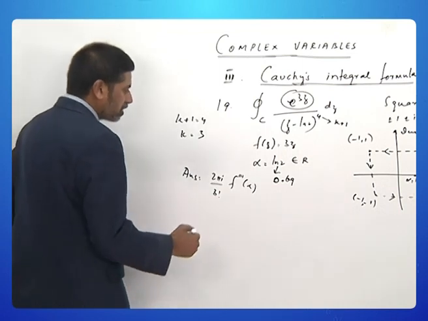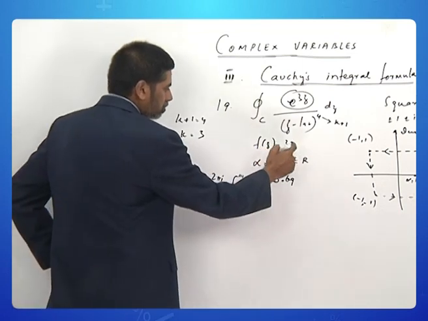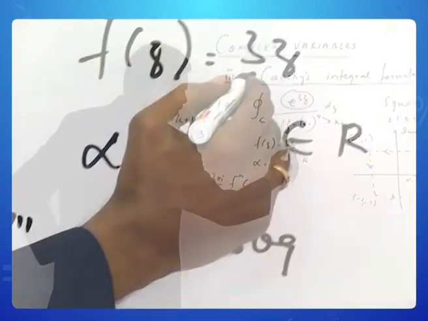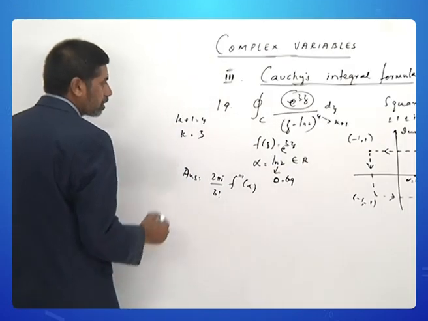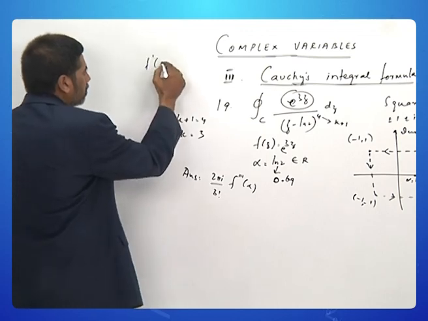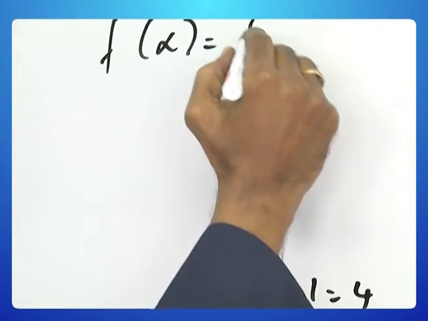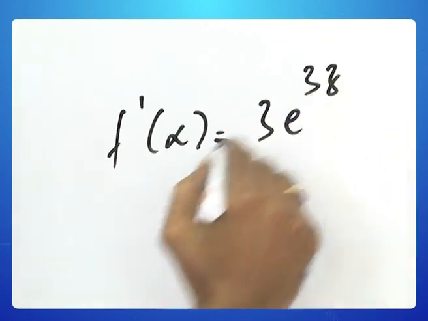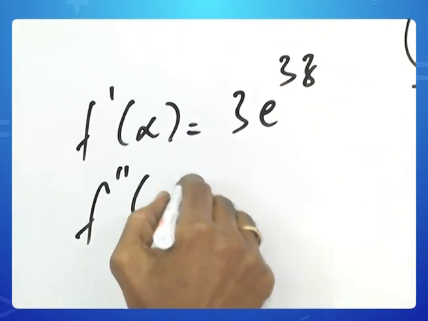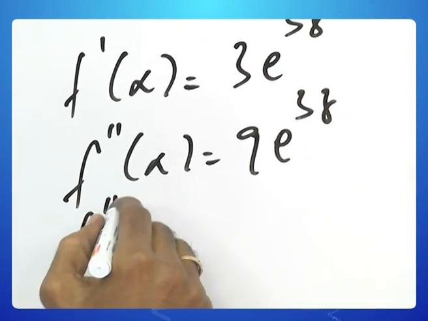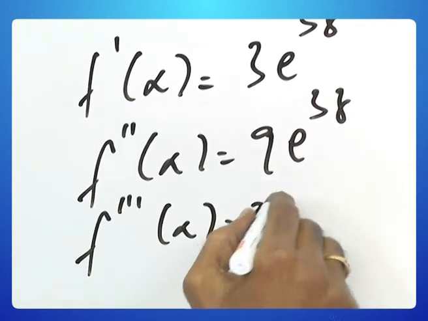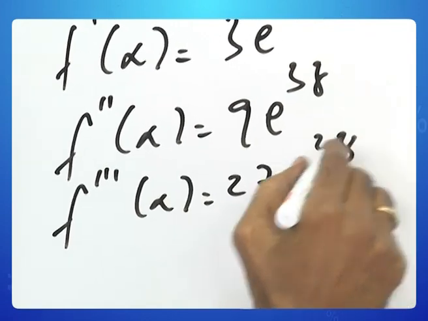So we need to differentiate this function f of z is e power 3z 3 times. So f dash z is 3 e power 3z, f double dash is 9 e power 3z, f triple dash is 27 e power 3z.